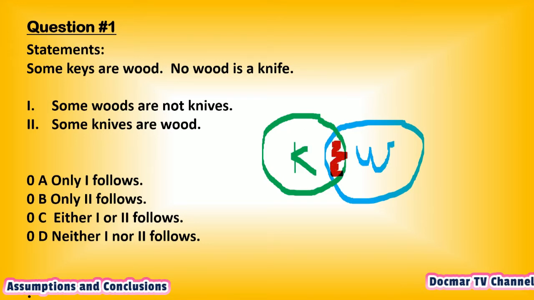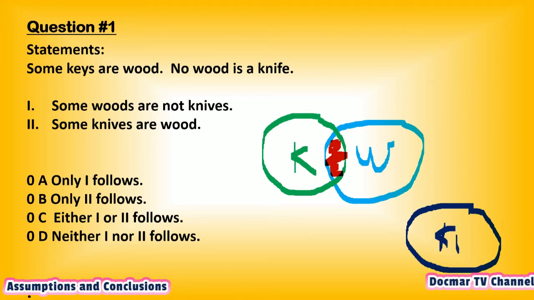So take note that there is here an intersection, meaning some of the keys are woods, and also we can conclude that wood has something to do with the keys. And no wood is a knife. So meaning to say, if that is no wood, we will create another circle here that is knife.